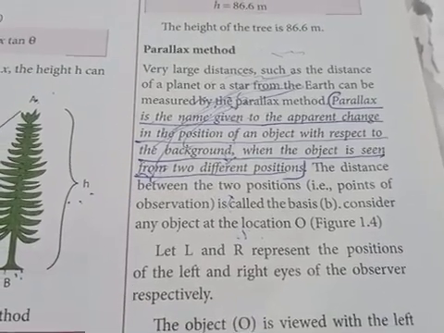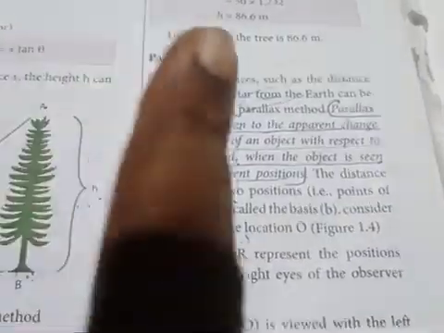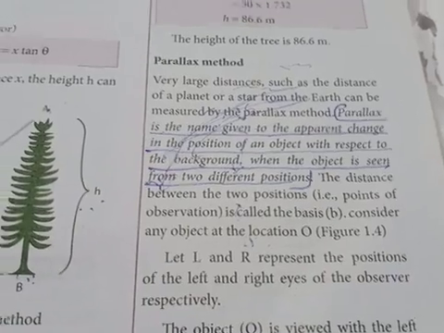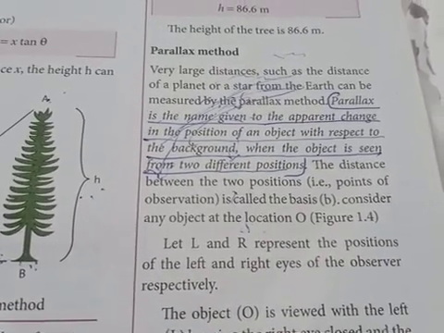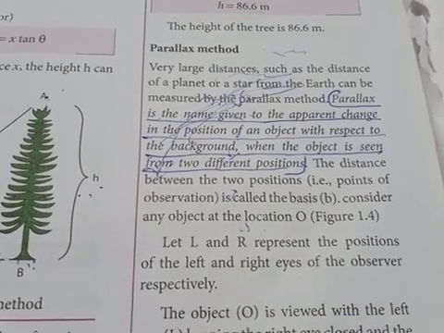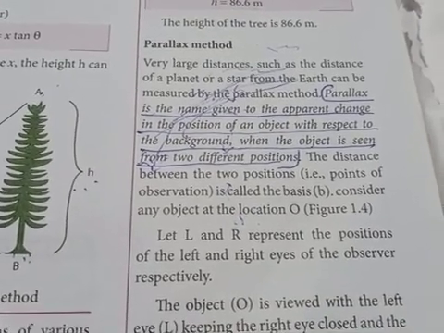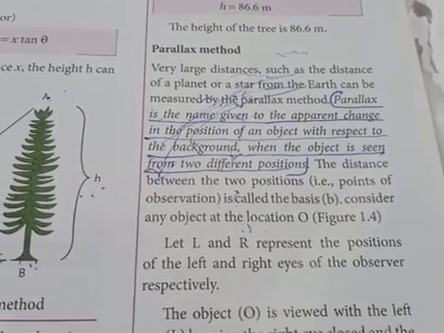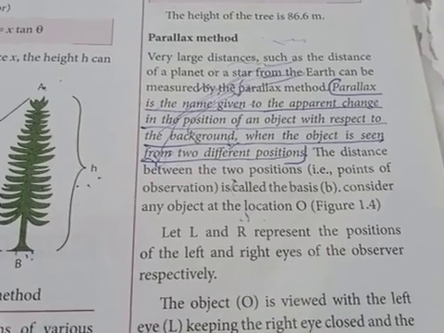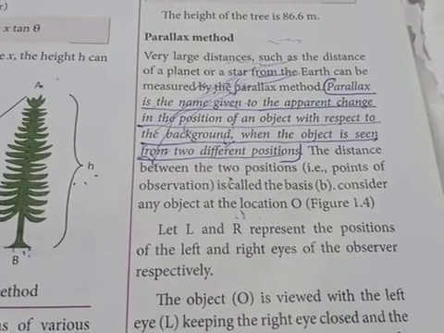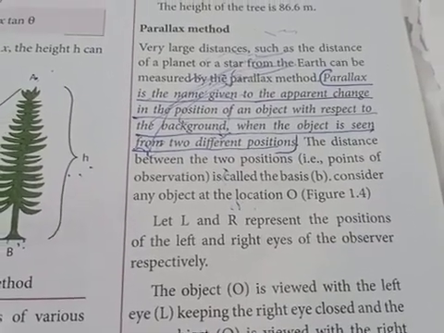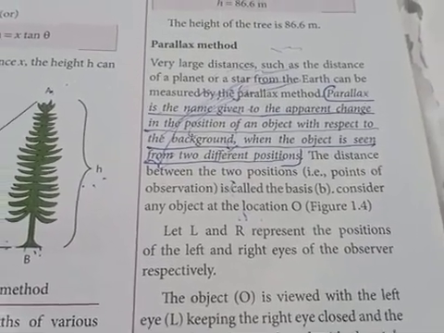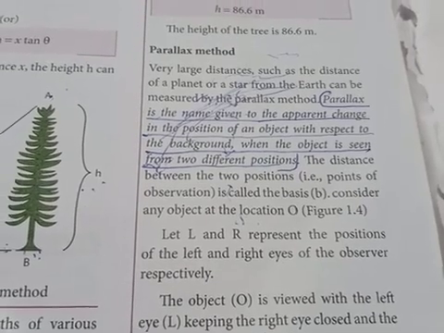So hold a finger in front of your eye by closing one eye, so that you can see the finger is in one position. Then, without moving the finger, close the other eye and open the one which was closed previously.